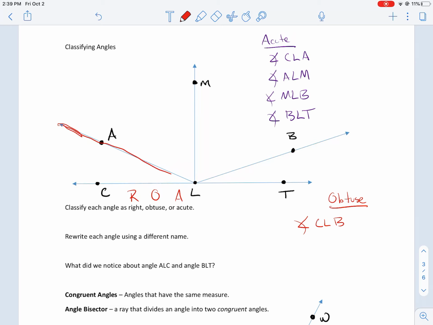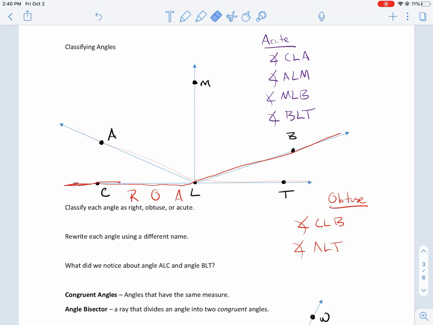How about this one? Angle ALT. Okay, what about, nope, not that one. Almost did the same one. There's that. And that's about it. Right? Those are our two obtuse angles.